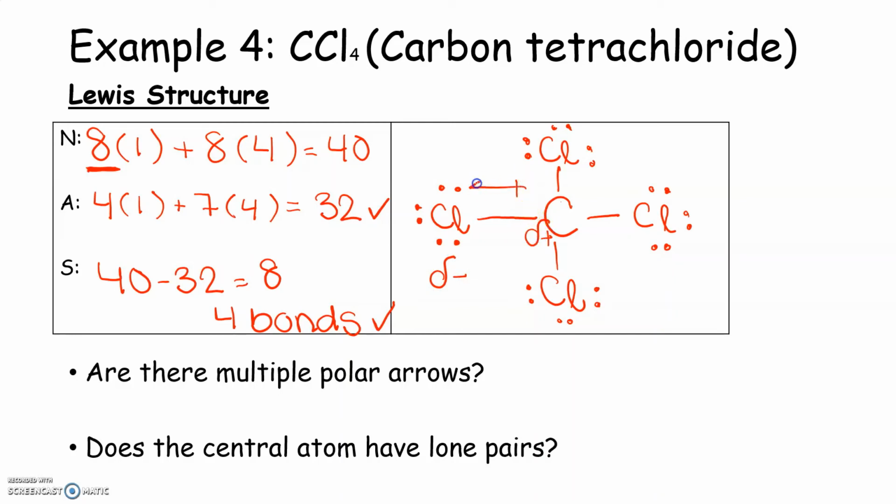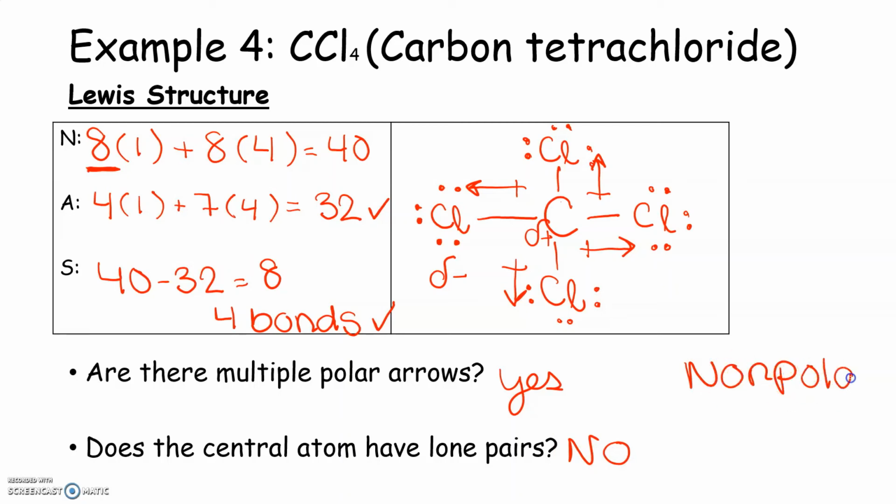So I'm going to draw my arrows, and then ask myself the following question. Are there multiple polar arrows? The answer is yes. Does the central atom, which is carbon, have lone pairs? There are no dots around carbon itself. Since the answer is no, this is a nonpolar molecule.